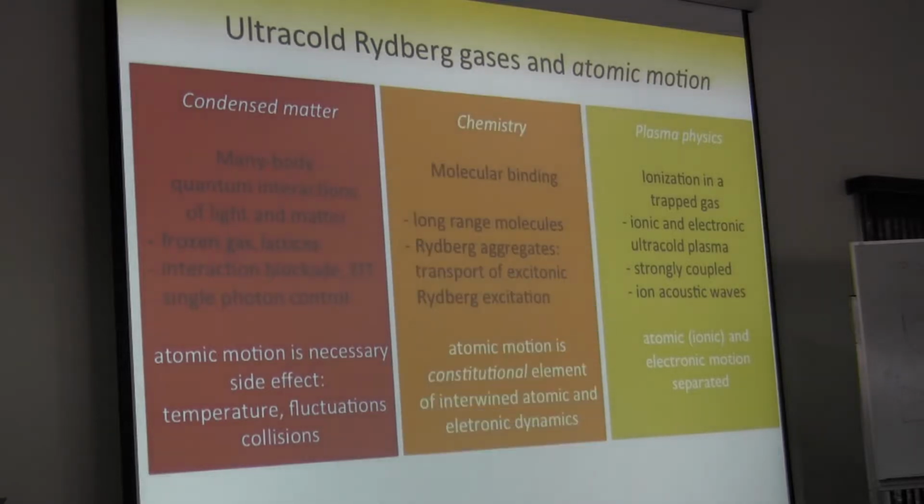And in between is, of course, what I would call the chemistry aspect of ultra-cold Rydberg dynamics, this molecular binding, where the atomic motion is really a constitutional element, and it's very intimately intertwined with the electron dynamics. Clearly, a bound molecule stays coherent forever in the ground state, and this is because the vibrational motion and the electronic motion are very intimately coupled in a very subtle sense, so that this bound state comes into existence.